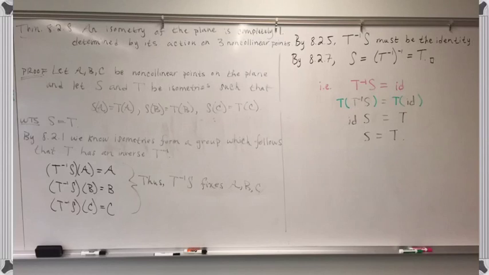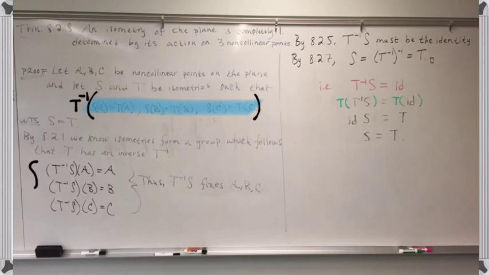So if I have 2 isometries T and S that do the same thing to the vertices of a given triangle ABC, so S and T both send A to the same spot, both send B to the same spot, both send C to the same spot, then all we have to do to each of these equations is take the inverse of T, which, because the isometries form a group, we know exists and is an isometry. So I'm just going to apply that inverse to all sides of all 3 of these equations.